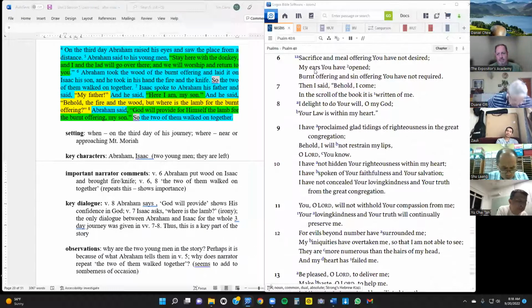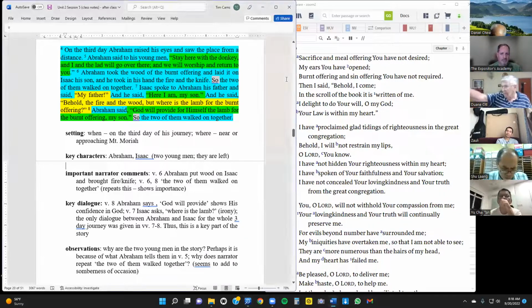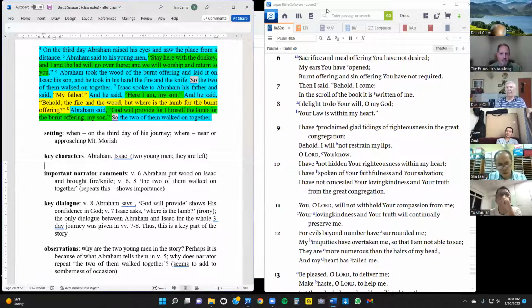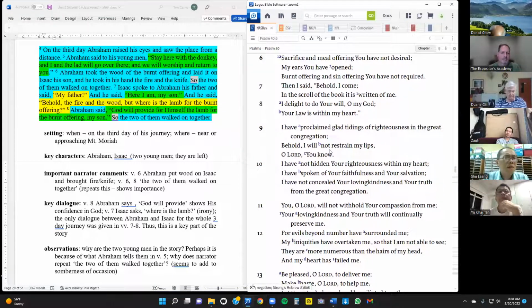And the third point is about the walk together. I saw the third point as indicating, picturing the oneness of the Son and the Father, from John chapter 10, verse 30.